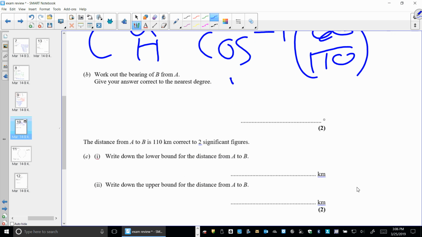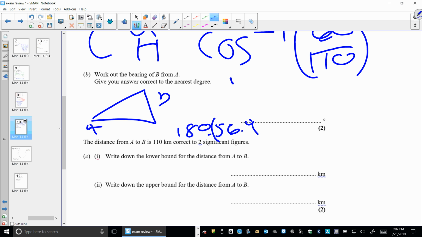Okay, so we've got a bearing B to A. So we've got our triangle. And then I did 180 minus, bracket, 0.9 plus... What's in the left corner?